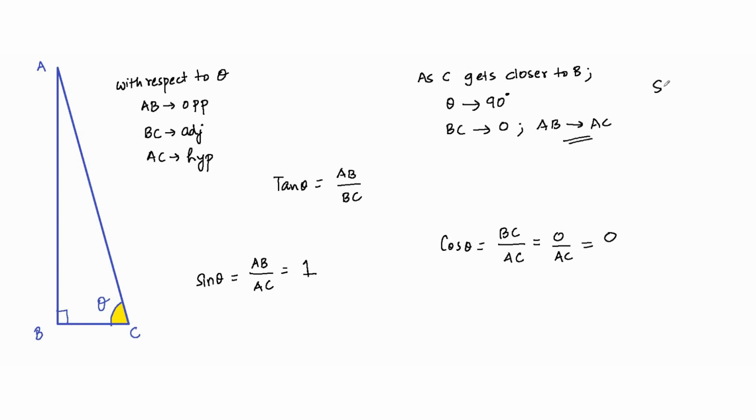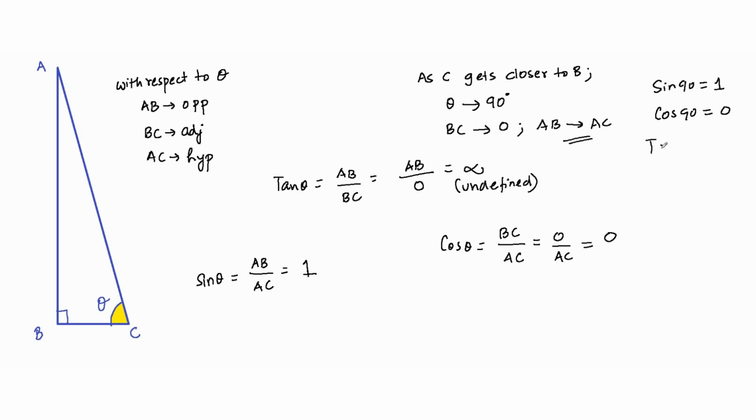Let us write this. Sin 90 we saw that is equal to 1. Cos 90 is equal to 0. And now let's figure out what is tan 90. For tan 90 you will notice that the denominator is 0 because BC gets closer to 0. And AB is some finite value. So AB upon 0 becomes infinity, or we call it undefined, right?